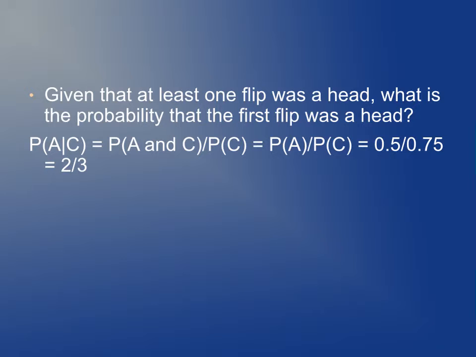The probability of at least one head and the first one being heads is just equal to the probability that the first one's heads, because if the first one's heads, then of course there has to be at least one head. So it ends up being the probability that the first one's heads divided by the probability that at least one was heads, which turns out to be 2/3.